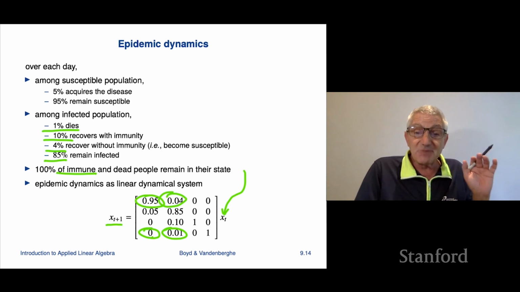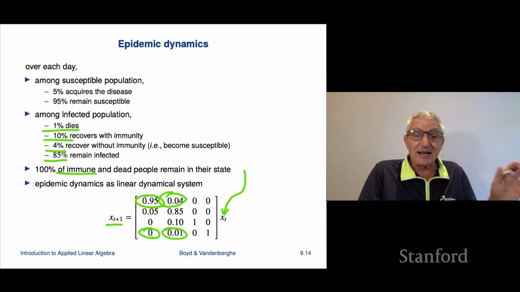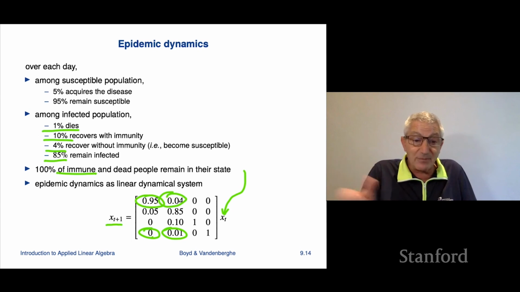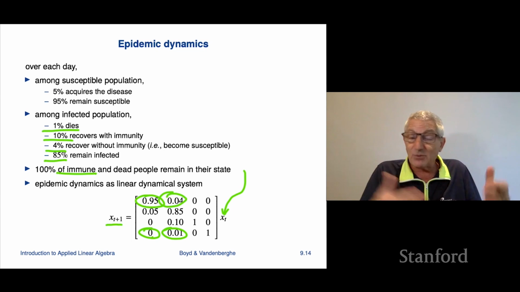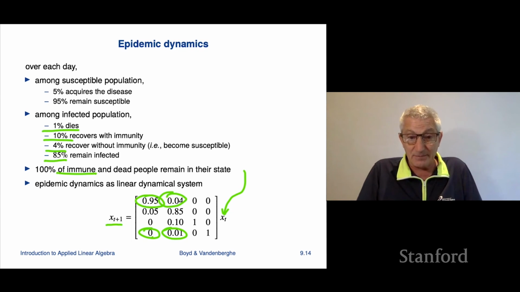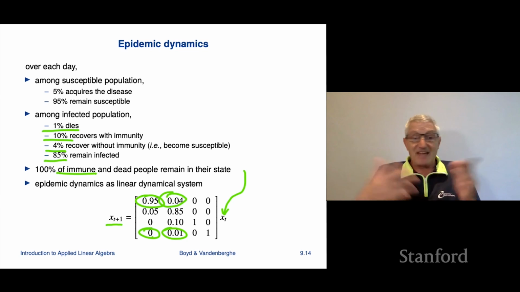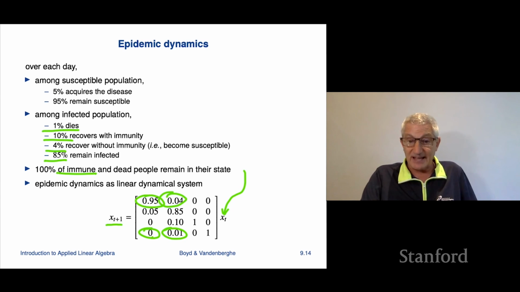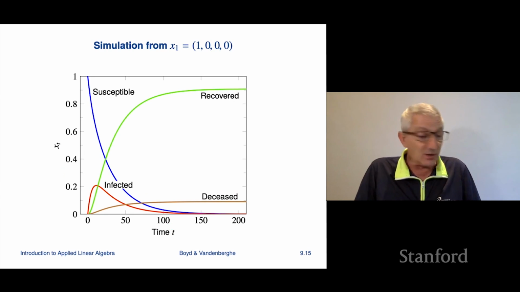But the point is, now we have a beautiful linear dynamical system. I can start, for example, with everybody susceptible, and then just propagate it forward, and we'll just see. We can make predictions about how long it is going to last, what's going to be the ultimate effect, all sorts of stuff like that. So here we go.